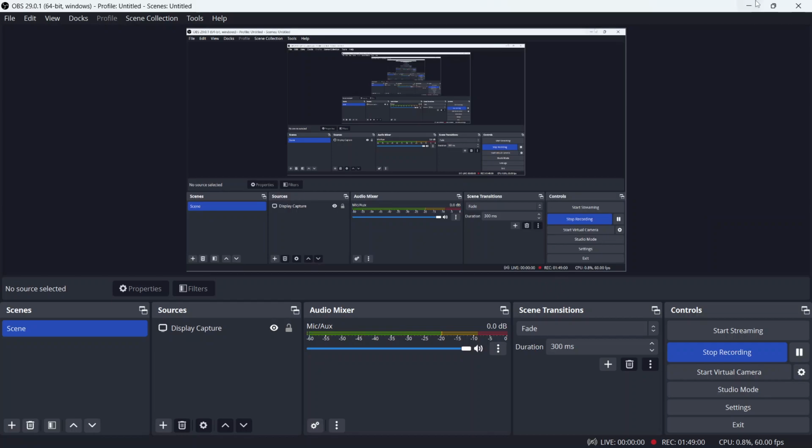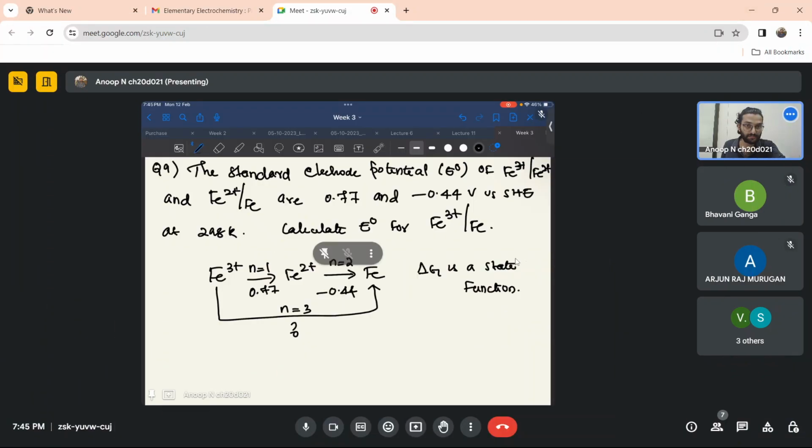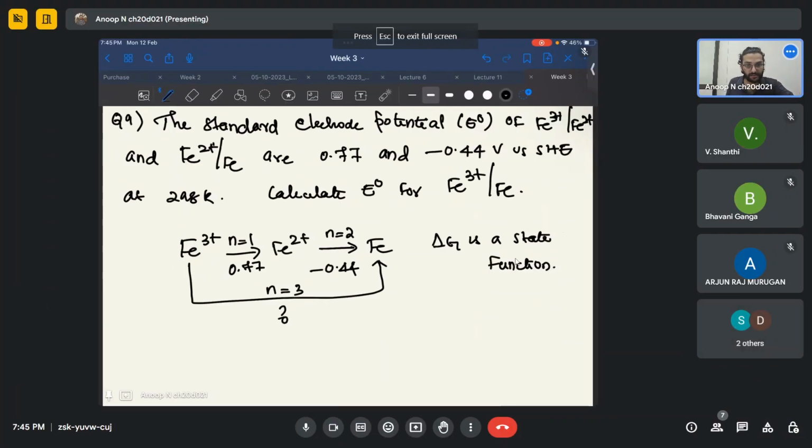Are we able to solve, everyone? Any doubts, or shall I solve? Yeah, fine. So what's the equation? Delta G is equal to minus nFE. Since delta G is a state function, it depends upon the initial and final state.